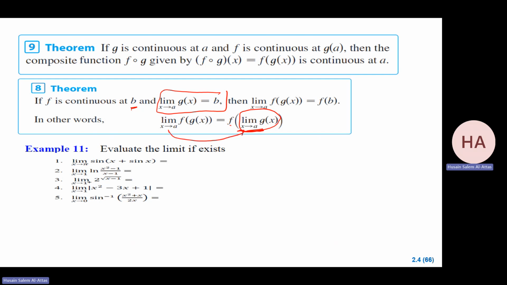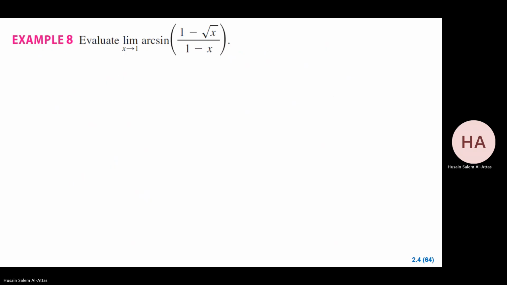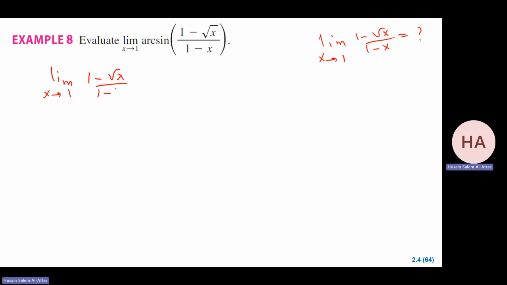That's the theorem which I need to apply. So if I apply it here, I need to find the limit as this goes to 1 of this function. How to do that? I check it through the rationalizing calculation.